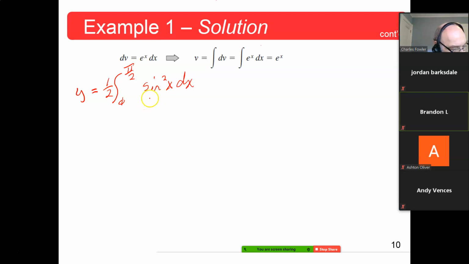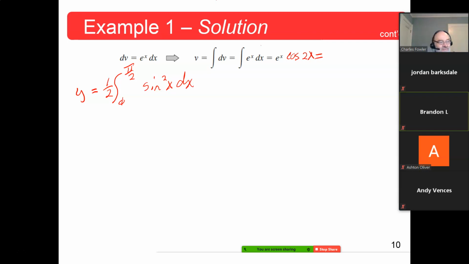Now, it's a double angle formula for cosine. Cosine of 2x. There's three different ways you can write cosine of 2x. One way is cosine squared x minus sine squared x. We don't want that one.